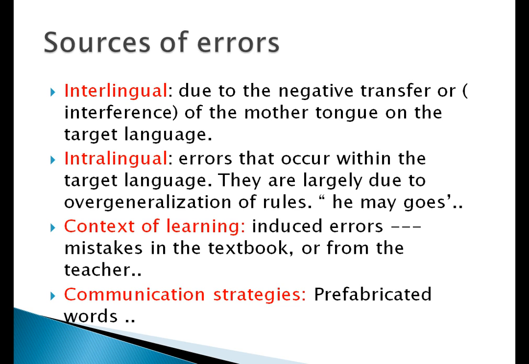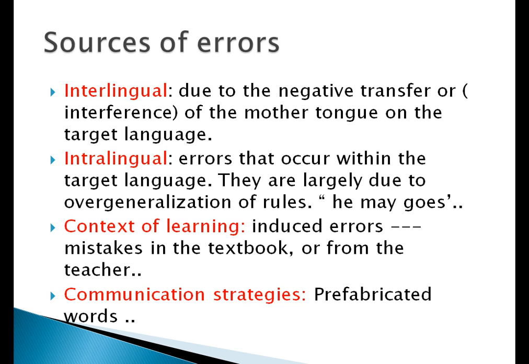Now we have sources of errors. We have basically four types or four sources of errors. We have the interlingual, that is due to negative transfer, again interference of the mother tongue on the target language. We have the intralingual errors that occur within the target language.